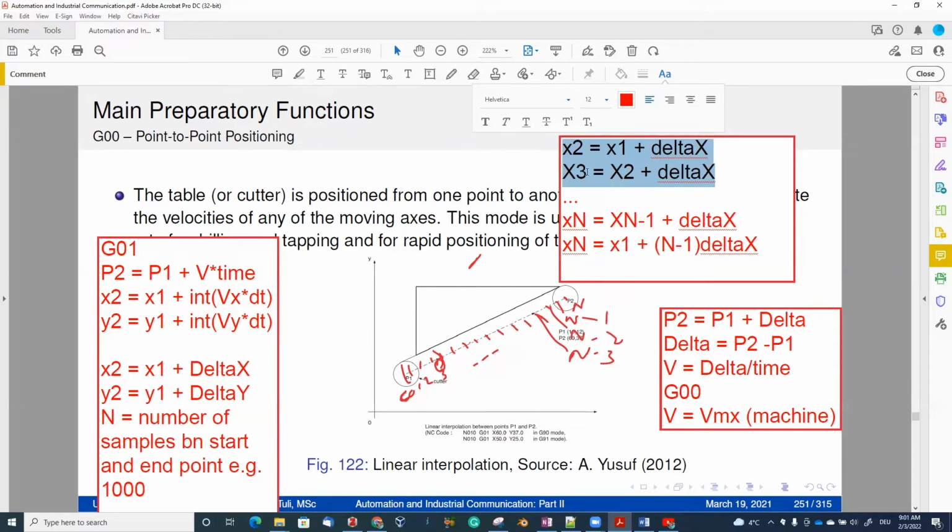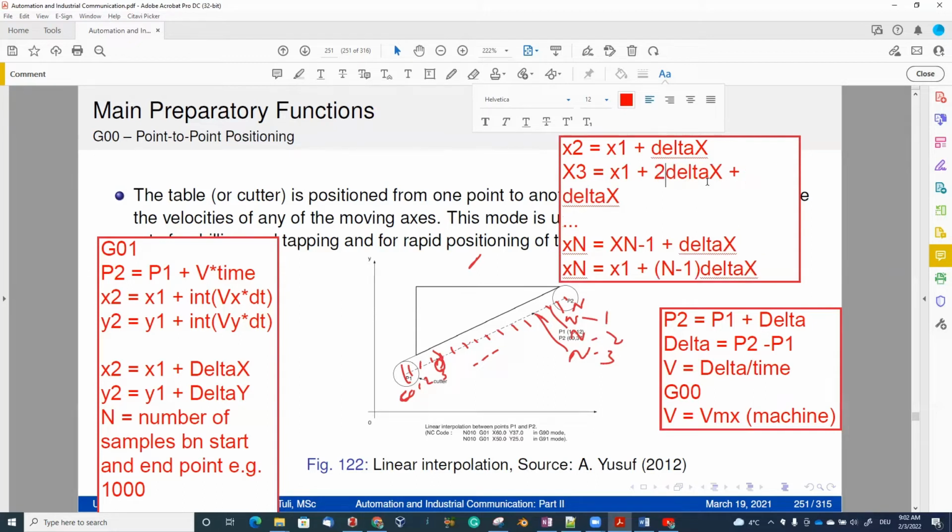For example here, substitute x2, copy and substitute it here. It is x1 plus twice of delta x. Now assume the third one, which is x4. x4 means x3 plus delta x, right?